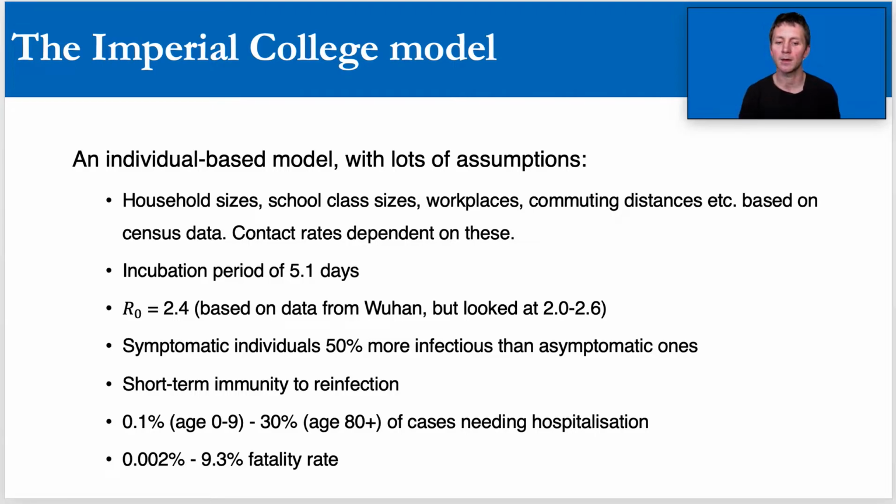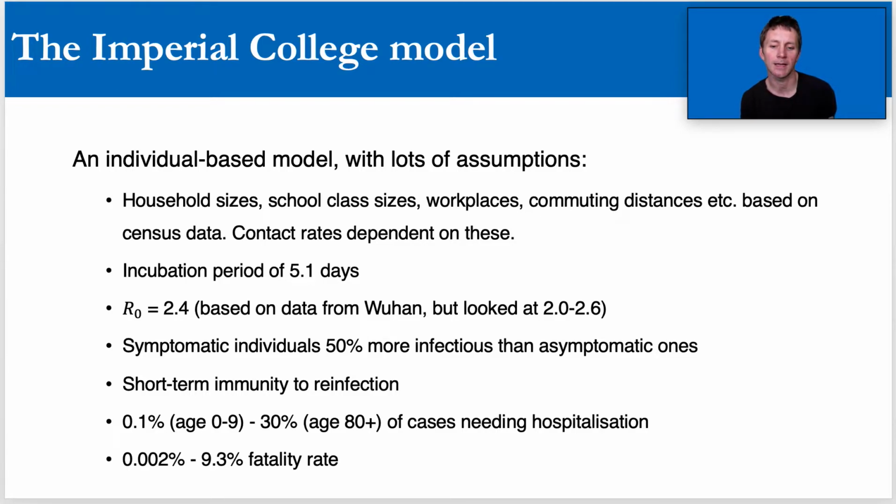And then, in order to simulate the ability of the healthcare systems to cope, they had to look at hospitalisation rates and death rates. These they simulated as being age structured, which, from everything that we know about COVID-19, is correct. They assumed that young children, aged 0 to 9, for instance, had 0.1% of patients needing hospitalisation, and that increases up to about 30% for people aged 80 plus.